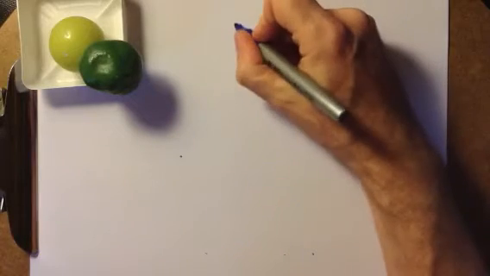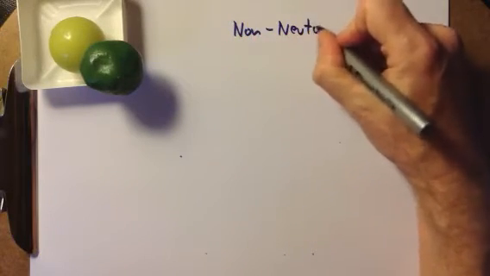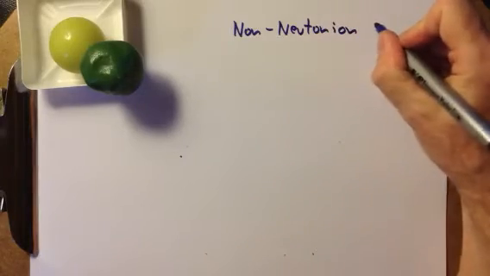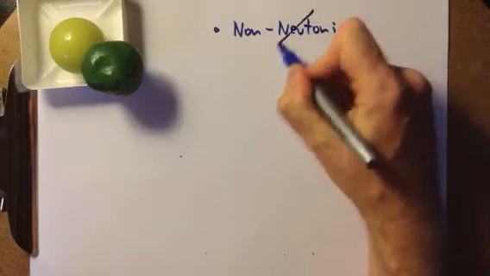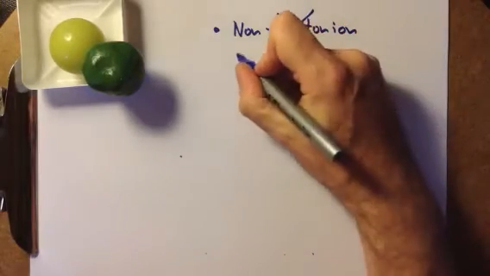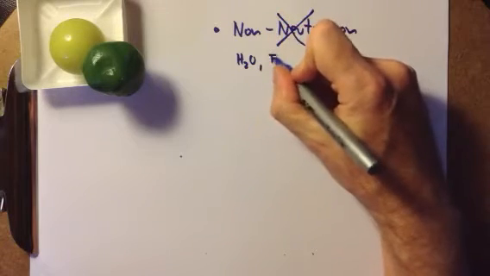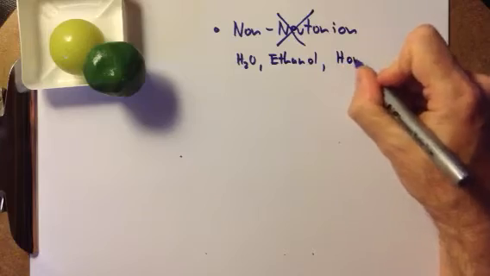And we call this a non-Newtonian fluid. That's what we don't want. We don't want non-Newtonian. We need Newtonian flow. We want things like water, ethanol, or even honey.